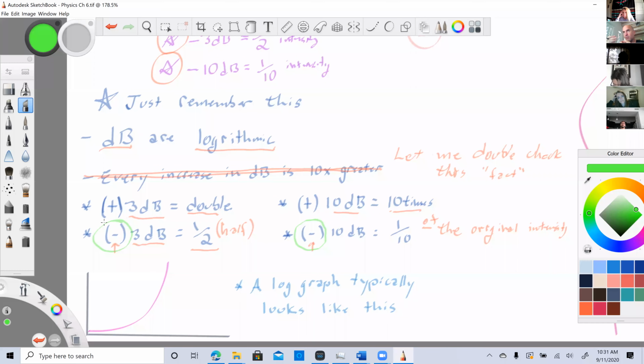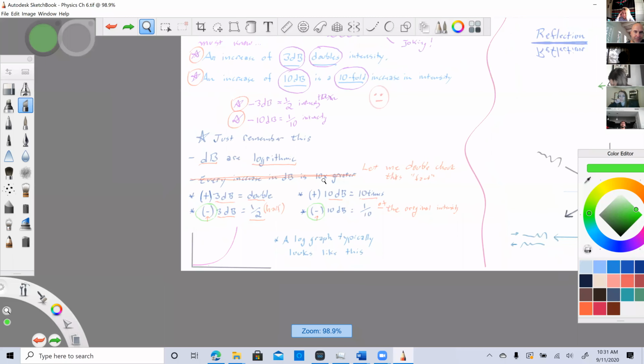You don't have to say negative, and it would be redundant if you did. If you were to graph a logarithm, they tend to look like this. They're up, up, up, up, and they fire straight up like the inconvenient truth. All right.